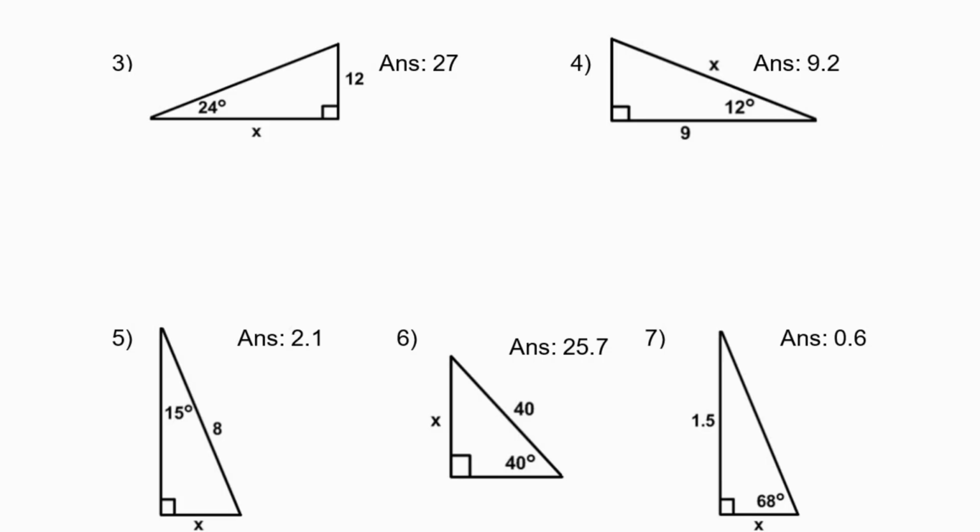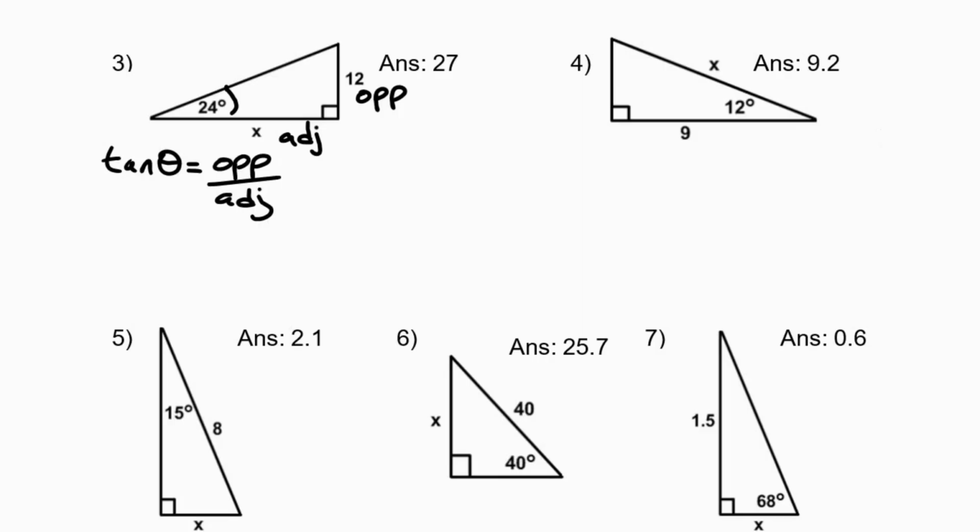So we have here our 24 degrees. Our x represents what? Hopefully you're saying the adjacent, and the 12 is the opposite. What has to do with both adjacent and opposite? Hopefully you're saying the tan function.